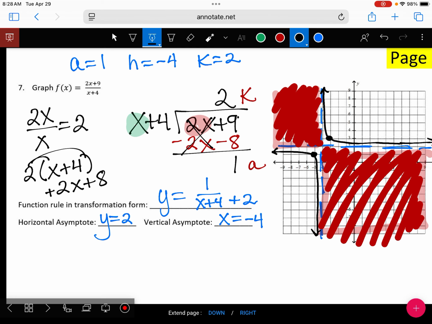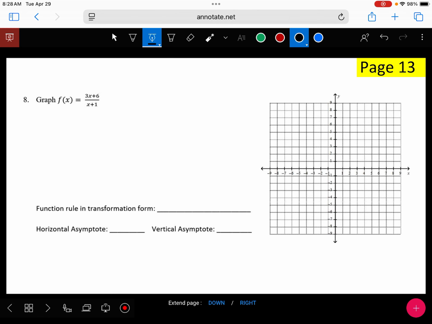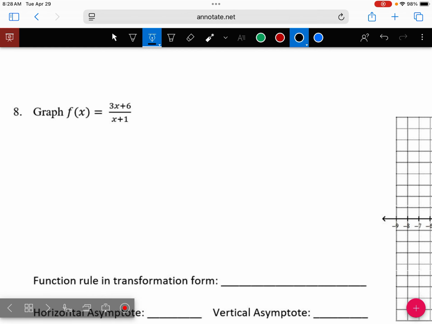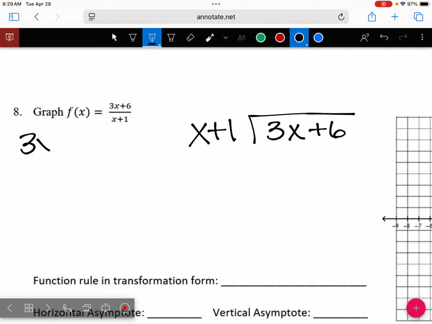All right, one more. Let's go ahead and set it up. So I have my x plus 1, and that's going to go into 3x plus 6. So you're going to start by taking 3x and dividing it by x.